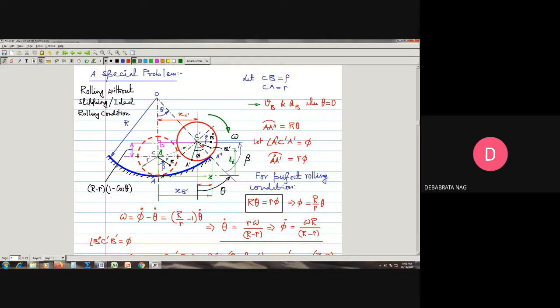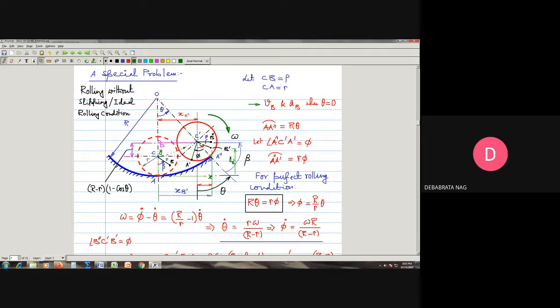So we call this angle beta, and that is how we locate the coordinates of the point B. We need to calculate the velocity and acceleration of this point B at the position when theta is equal to 0. That means when it is here in this initial configuration, I need to calculate the velocity and acceleration of this point B, which is an arbitrary point on the body.